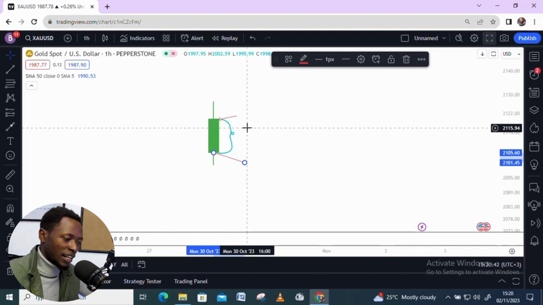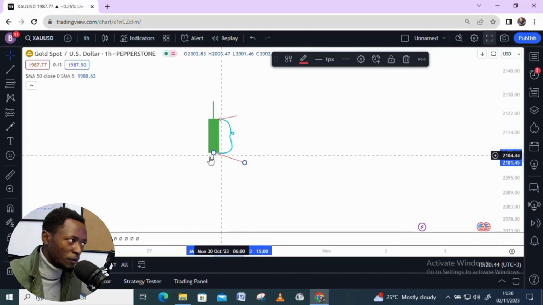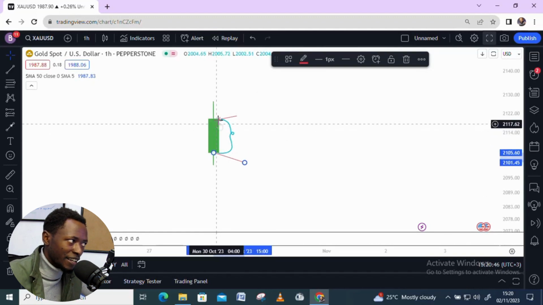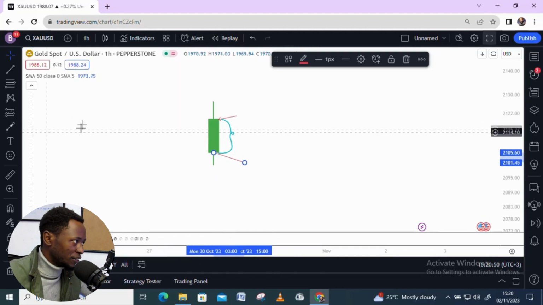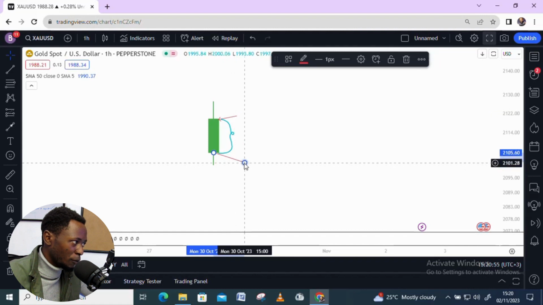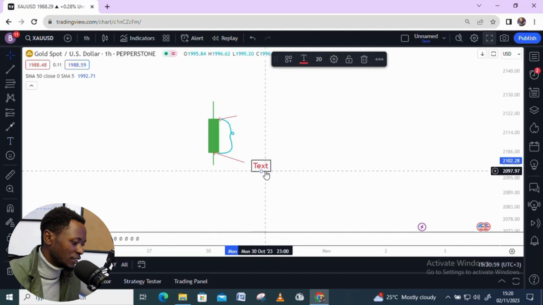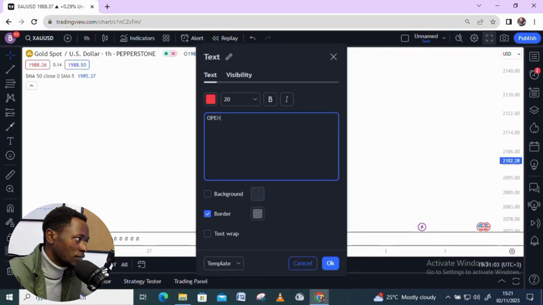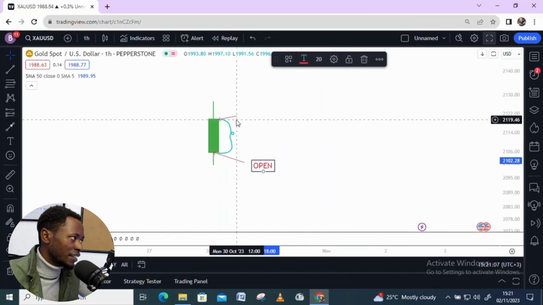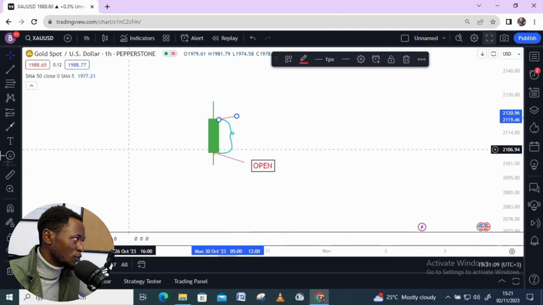Bullish candles are candles that close higher than the open. So that is bullish. Let me denote this. This is the open price, and this is the close price.